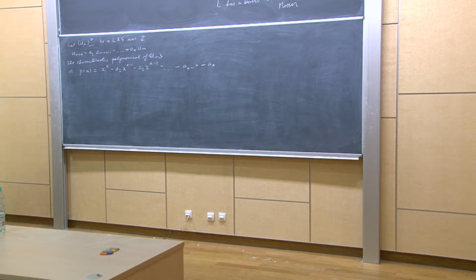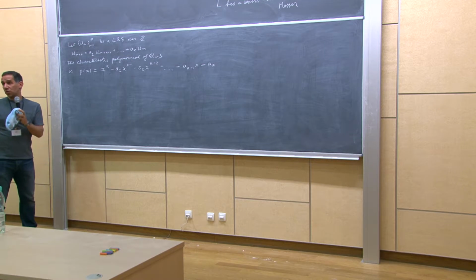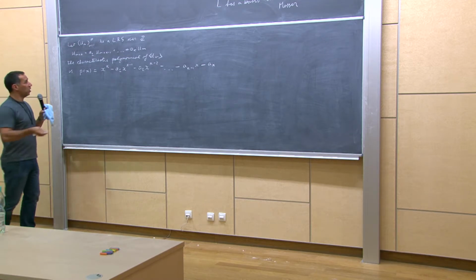And you remember that linear recurrent sequences could always be expressed in matricial form, right? As v transpose M to the n w. This characteristic polynomial is actually the characteristic polynomial of that matrix. So I'm interested in the roots of the characteristic polynomial, which equivalently would be the eigenvalues of the matrix.